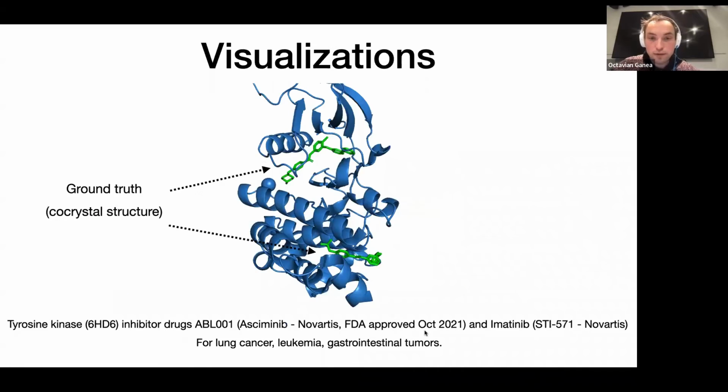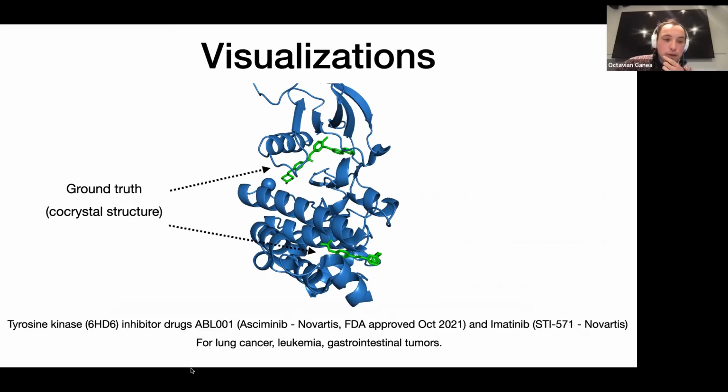Now some qualitative visualization. I just selected one very nice visualization. When we had this project more or less done, we took it to one of our partners from Relay Therapeutics, and they were very excited to try it on one interesting cancer protein. It's called 6HD6 in PDB.